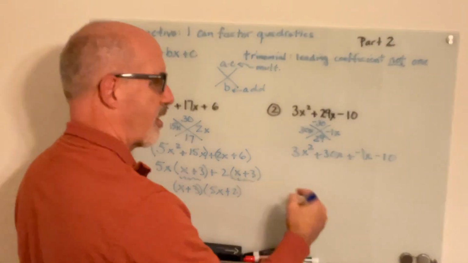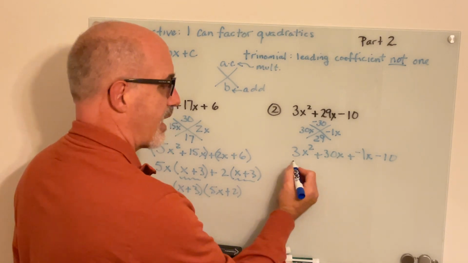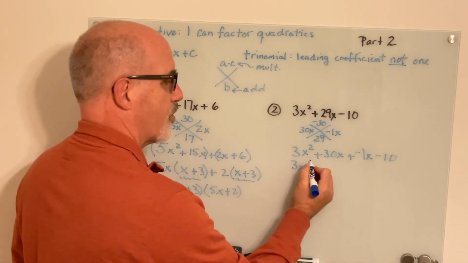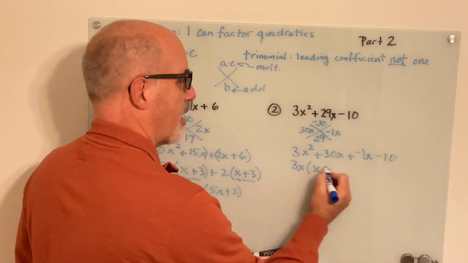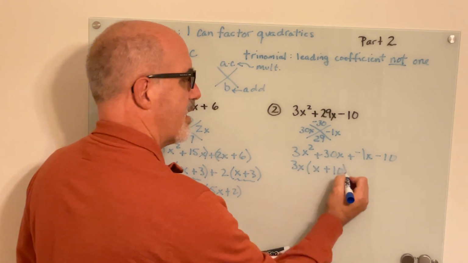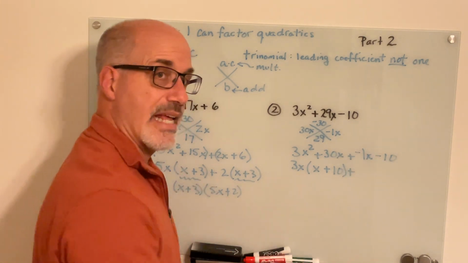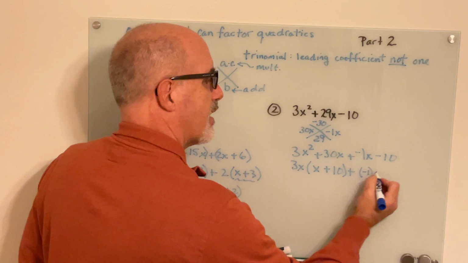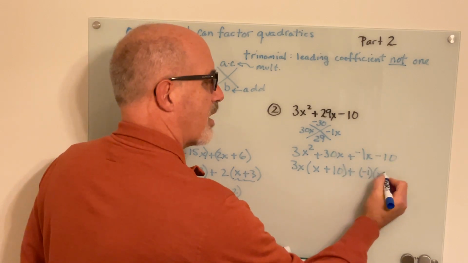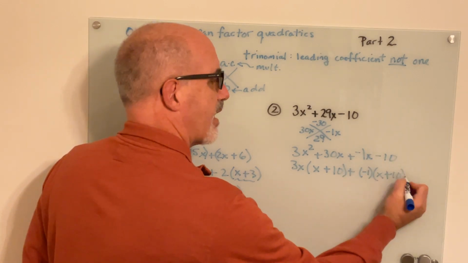That way I can factor out a common factor. Now we're going to take out a 3x out of the first two, out of the group. I'm going to leave an x here, plus taking a 3 out of there, I get a 10. Here I'm going to factor out a negative 1 out of those two. So negative 1, and then I've got x plus 10 when I take out that negative 1.